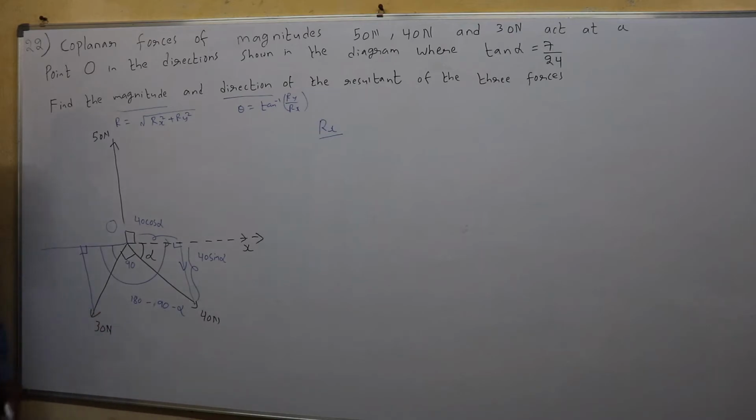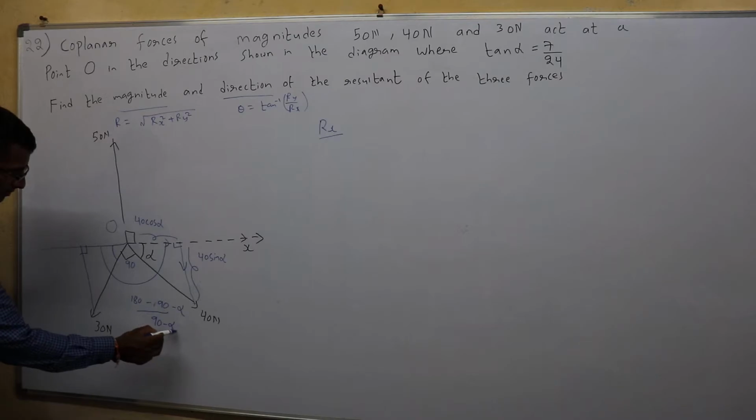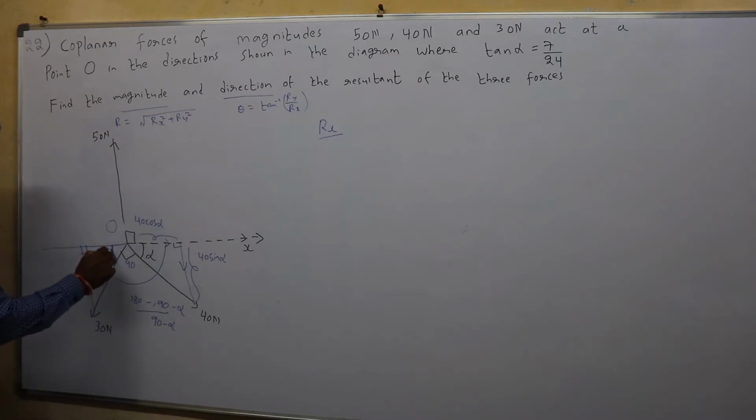So 180 minus 90 minus alpha: 180 minus 90 is 90, so this angle is 90 minus alpha. Am I clear? From the total 180 I remove this part and this part, then I get this part, which is 90 minus alpha. Clear enough? Now, instead of walking from here to here, I could go in this direction.